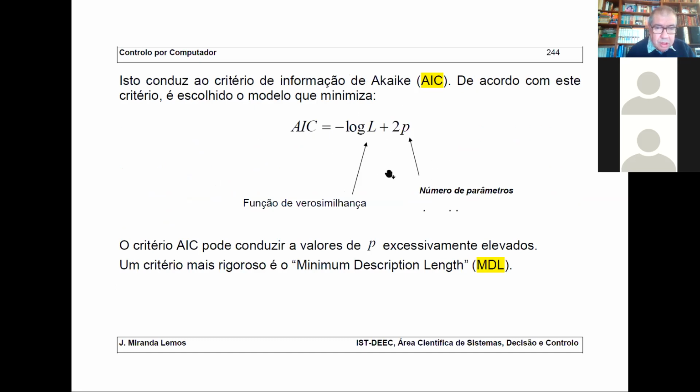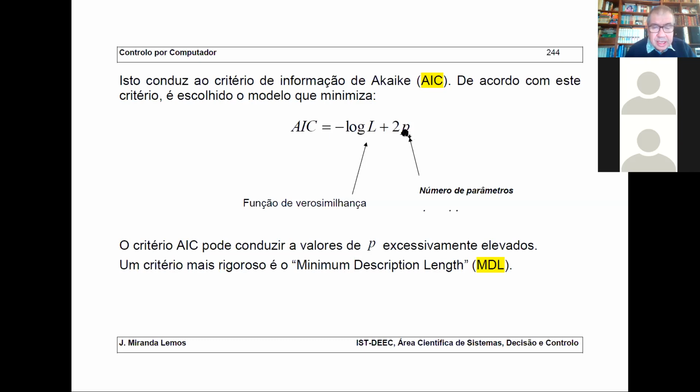Okay? So the Akaike information criterion is a measure of performance of your model that is made of 2 parts. The second part is the number of parameters. Okay, so if your model has a lot of parameters, the AIC, the Akaike information criterion, is worse than another example with a smaller number of parameters.